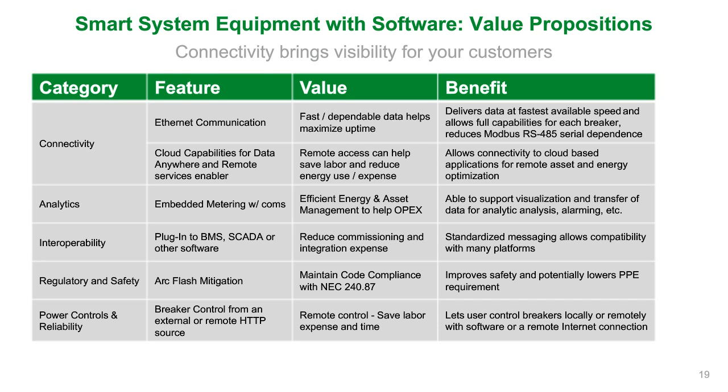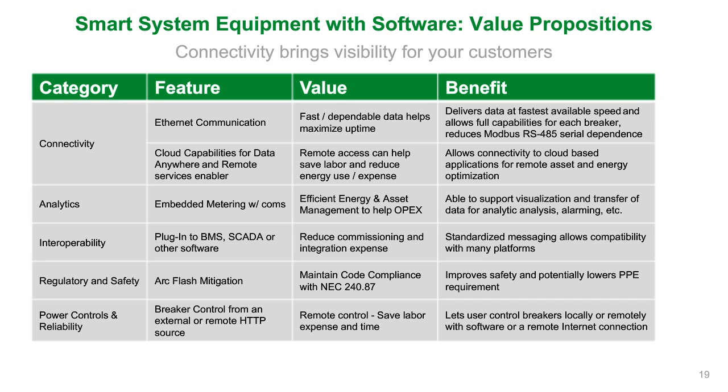Things like embedded metering with communication gives you efficient energy and asset management. Really helps the operating expense side. Back to what we were just discussing about not having to send somebody out to a site when you can log in remotely and see information. Interoperability is a feature that helps on the commissioning side. So it helps us with the integration piece of this, so that things can be integrated easily by using protocols.